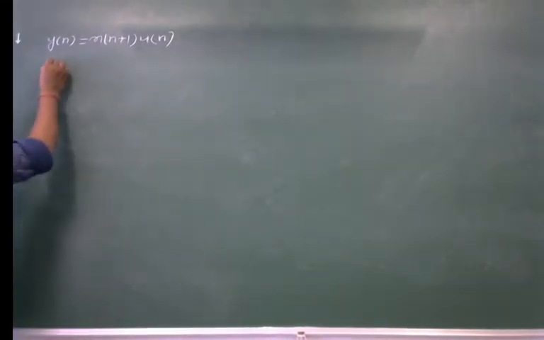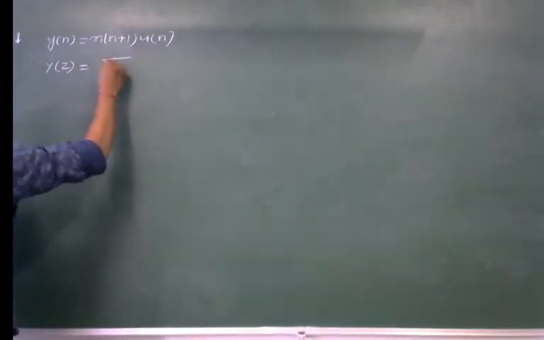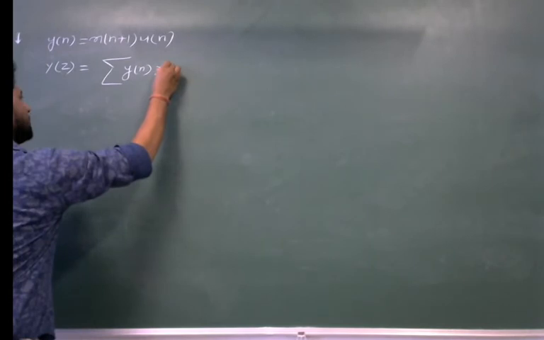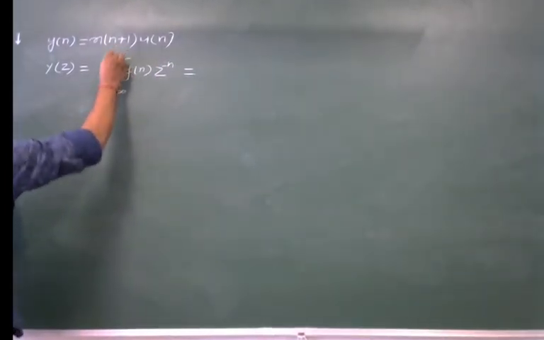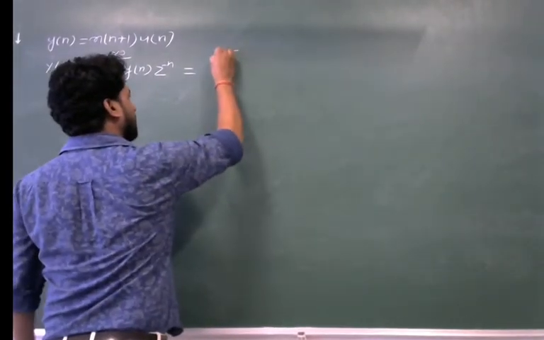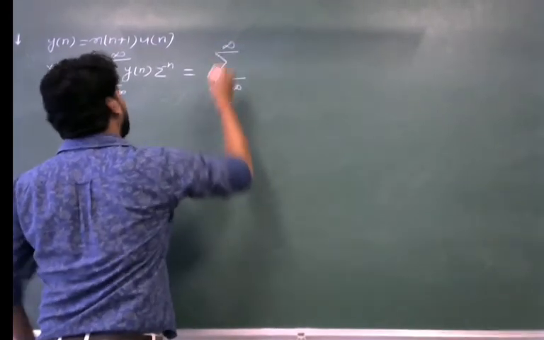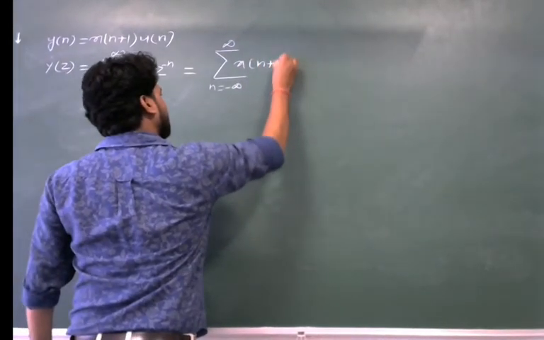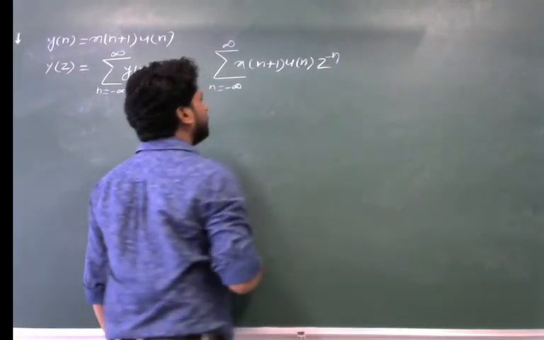And we know that the z transform for this function y of n can be given as the sum of y of n into z power minus n, with n from minus infinity to plus infinity. Further we can put the value of y of n here, which is the sum of x of n plus 1 into u of n into z power minus n.